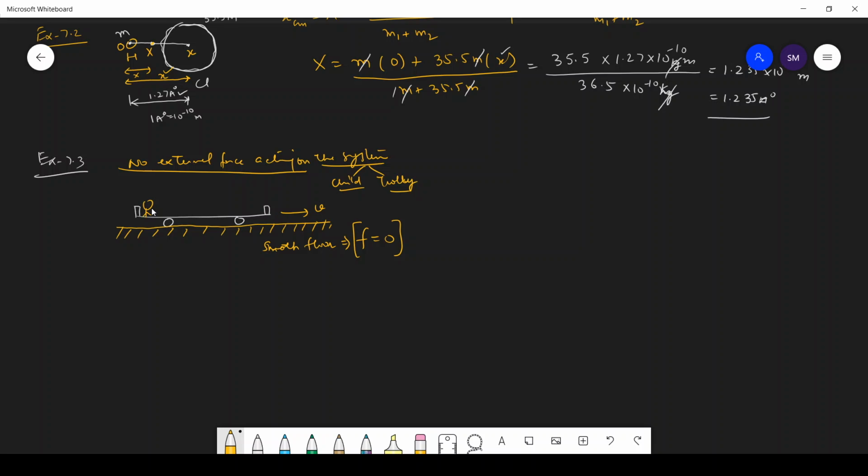Now this child starts running in the trolley. Then what is the effect on the velocity of the center of mass of the system? So students, any interaction between the child and the trolley will be an internal force.